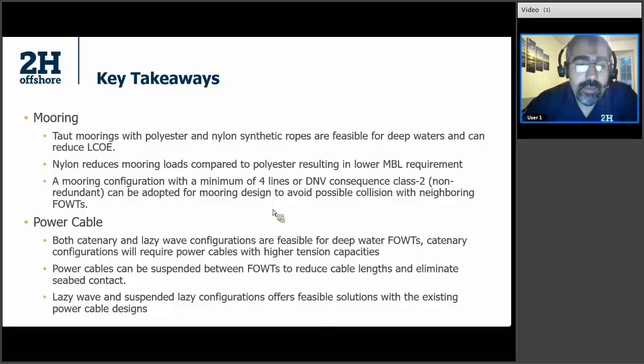And one important takeaway is nylon versus polyester. Nylon reduces the forces on the mooring lines, and therefore also on the foundation and on the anchors, so it has advantages over polyester. However, it can result in higher offsets when compared to polyester.